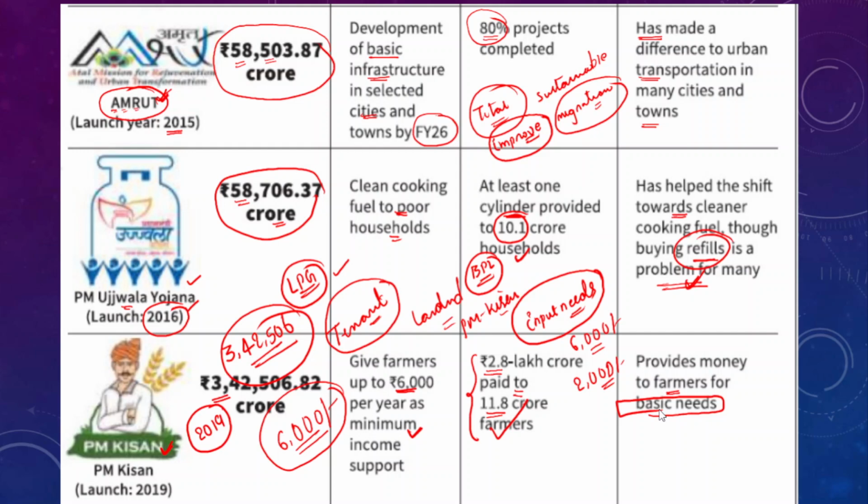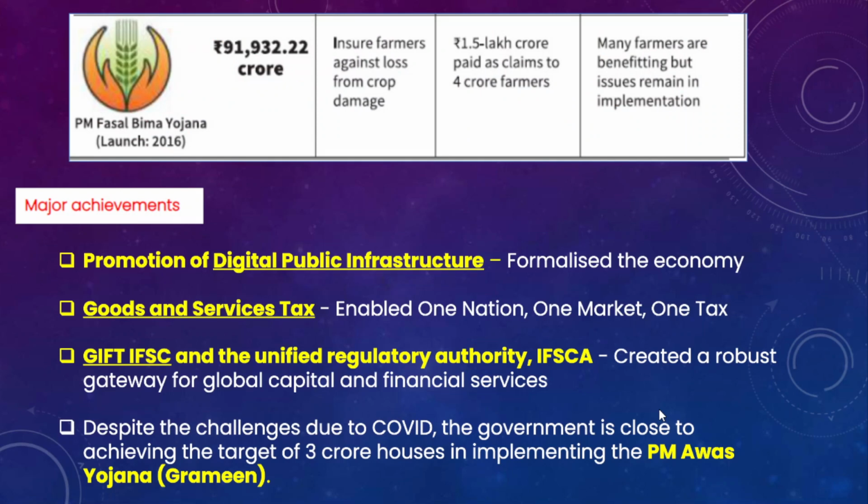Okay, so these are the major programs and the flagship programs the government has launched, targeting various sections across healthcare, agriculture, and women, etc. So apart from that, we also have another major important program, so that is PM Fasal Bima Yojana. So this Fasal Bima Yojana mainly aimed to provide insurance to crops.